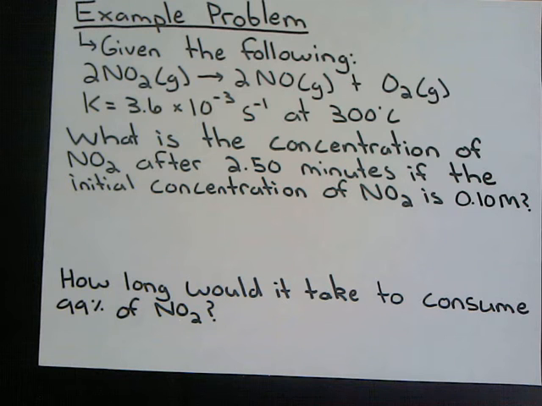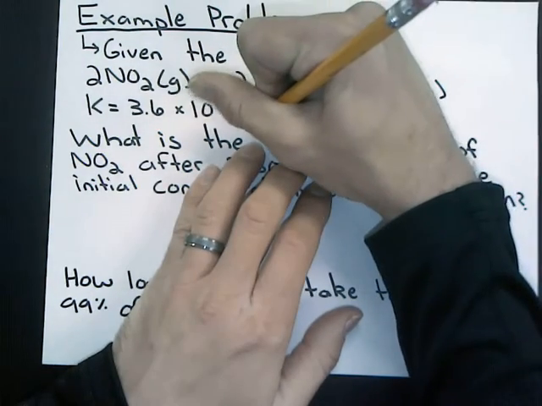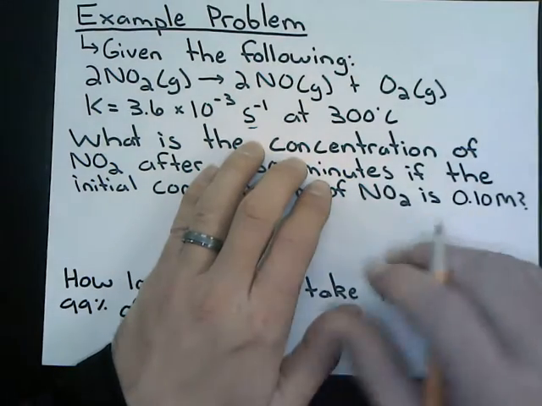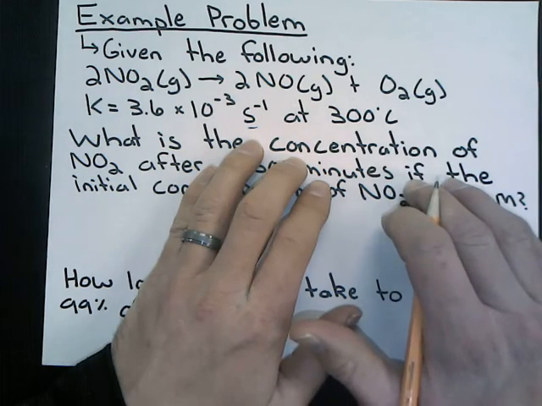Well, you may be thinking, okay, I don't know the reaction order, but we actually do. Remember from our units, the units of K become really, really important. This inverse second tells me a heck of a lot about this particular reaction.